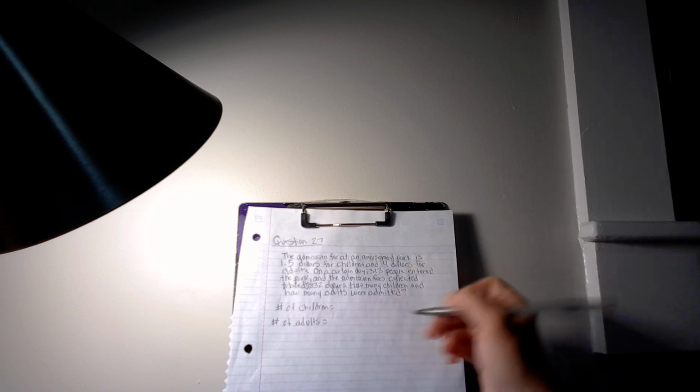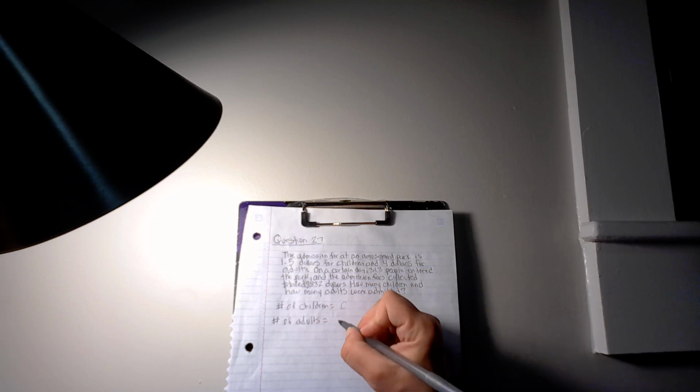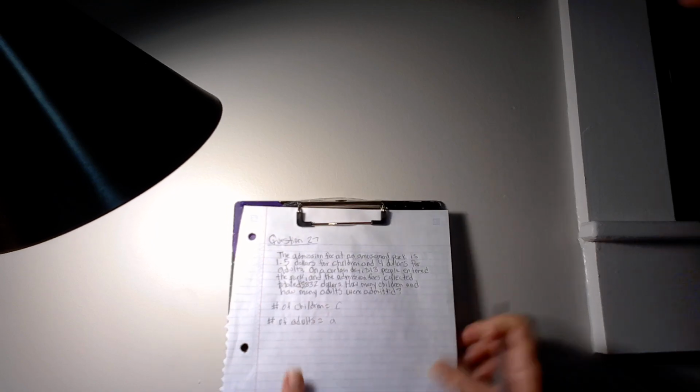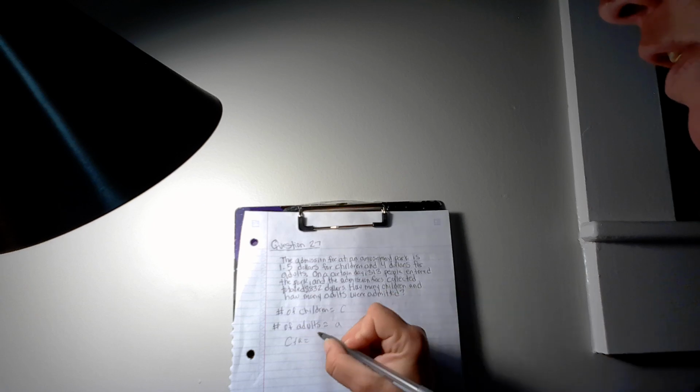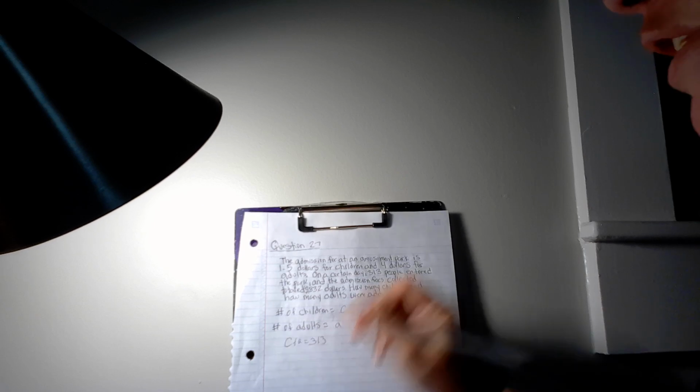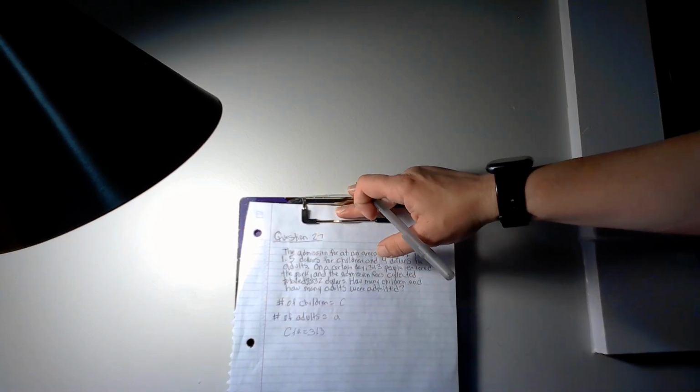So, in order to solve this, you would have to make two different equations. So the children would be C, adults would be A. So we would know that C plus A would equal 313, because that's how many people entered the park.